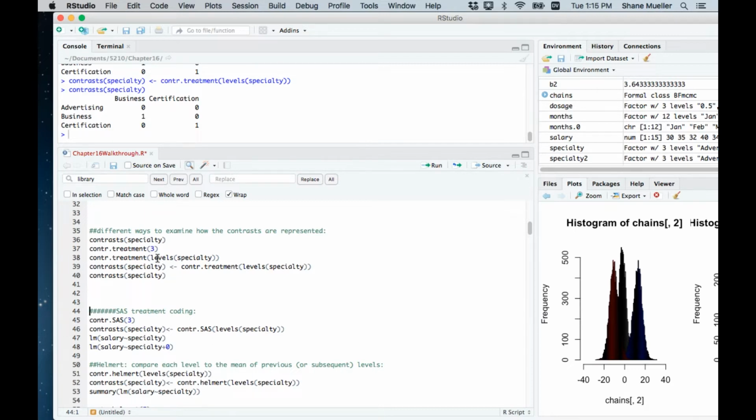So this isn't the only set of contrasts. There are many different types of contrasts that are used, and what you should think about is whether you have a design where these contrasts make sense. For example, maybe your first level is a control level, and you want everything coded with respect to the control, and then this makes a lot of sense. But maybe you have some other type of arrangement of levels of factors where this doesn't make sense.